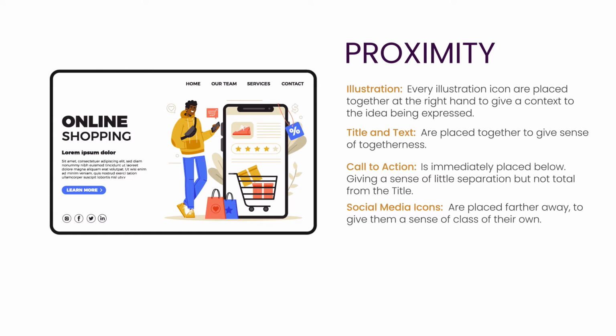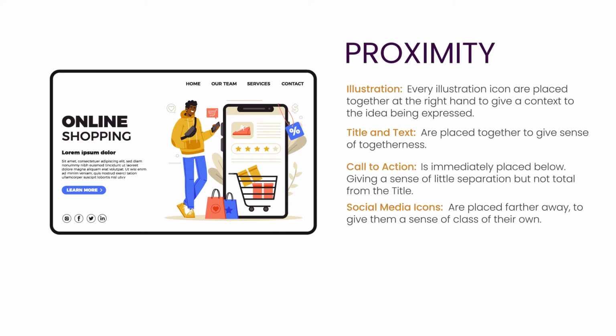Then we now have title and text placed together. The "online shopping" and the Lorem ipsum, that's just dummy text. Everything and all the details are placed on the left hand side. Then we have the call to action immediately below, because to a large extent it's like a continuation, but it's a bit different.